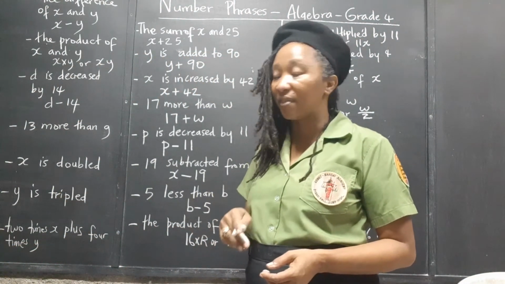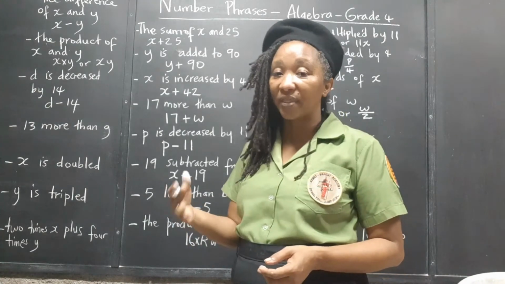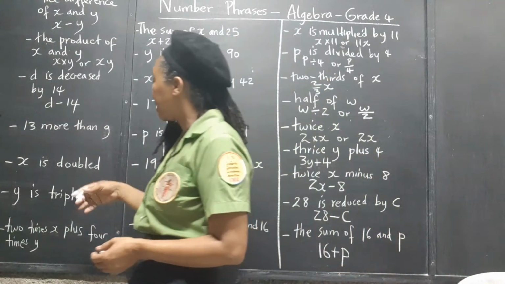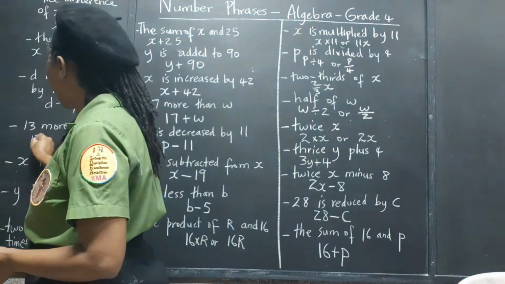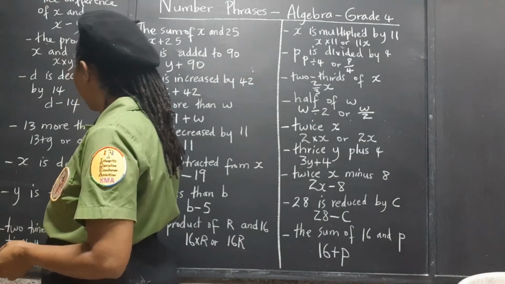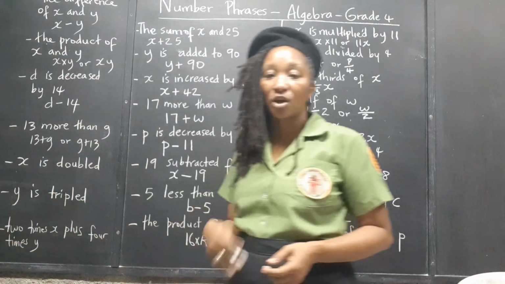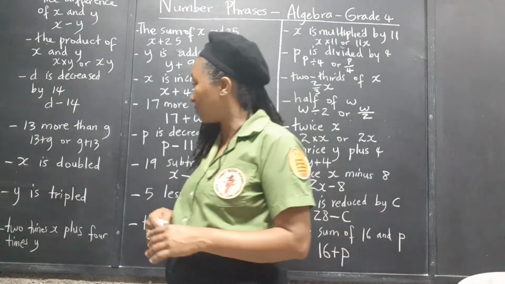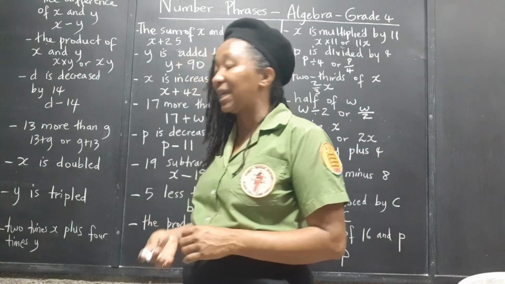13 more than G. More than means it's getting more, you're adding. So we could say 13 plus G or G plus 13. Addition is commutative. It doesn't matter which you start with, you'll get the same result. X is doubled.